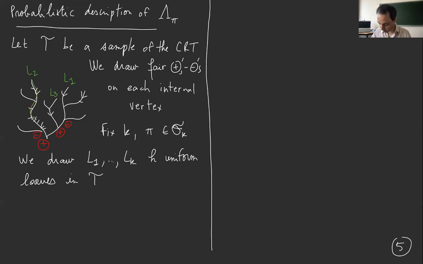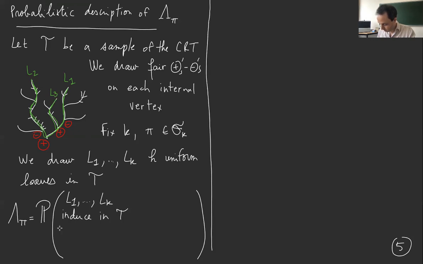We get a subtree of size k. And lambda pi is just the probability that these k uniform leaves induce in capital T a tree which encodes pi. Okay, and this is conditionally on the tree and on the decorations.